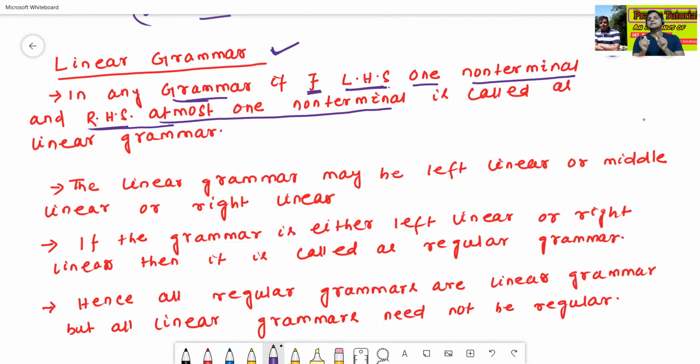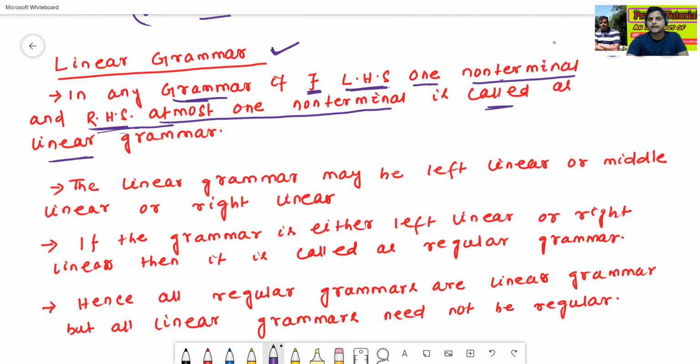In the LHS one non-terminal, and in the RHS at most one non-terminal is called linear grammar.